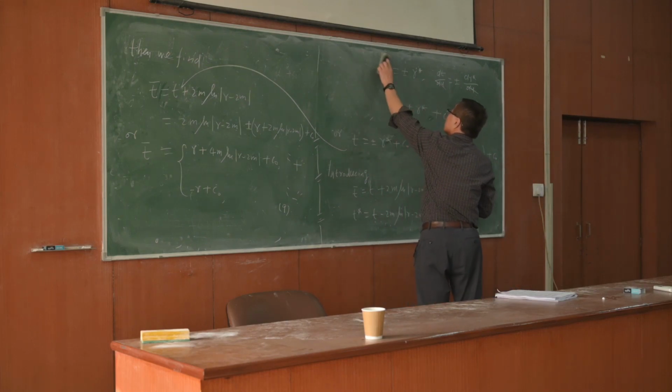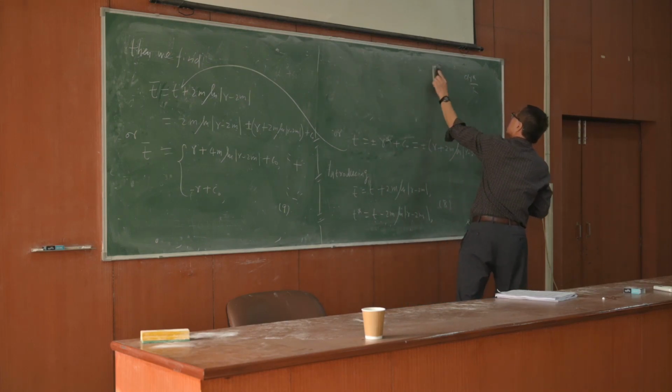Now, let's see. You can always get it reversed. Just set W equal V W, right? It's symmetric.